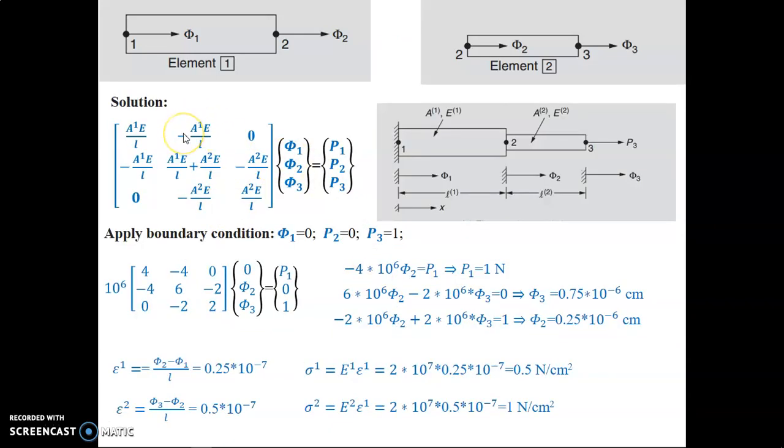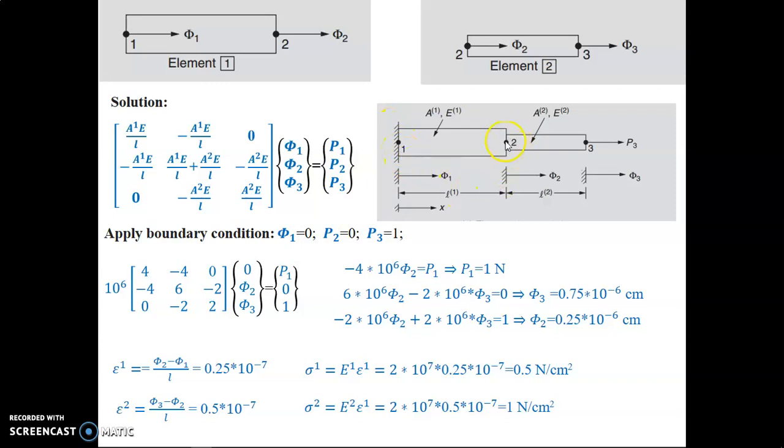So the general expression we have obtained for the system is the overall stiffness matrix, then this displacement vector and the force vector or the load vector. Now we will be applying the boundary conditions. The first boundary condition is that displacement at the fixed node is equal to 0.